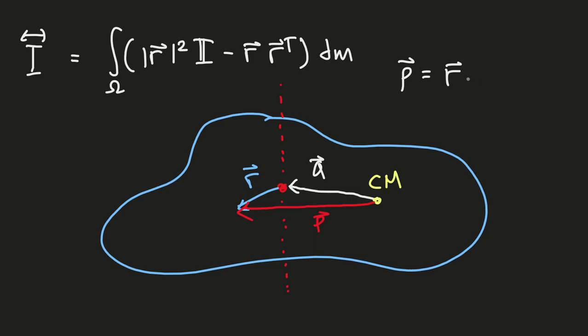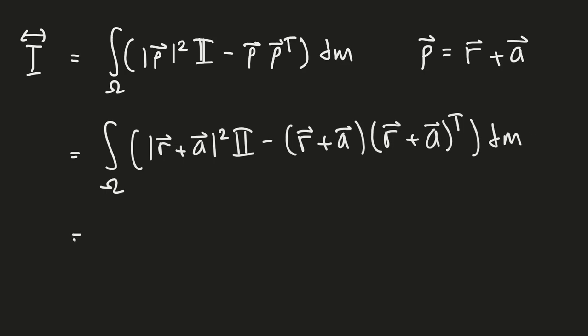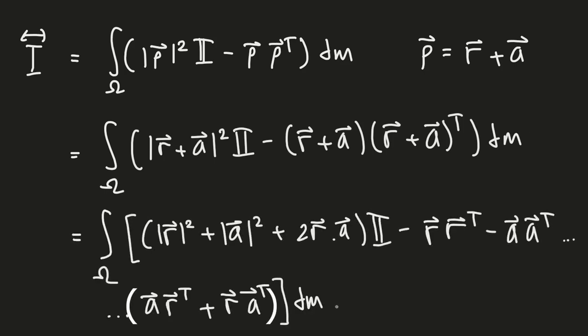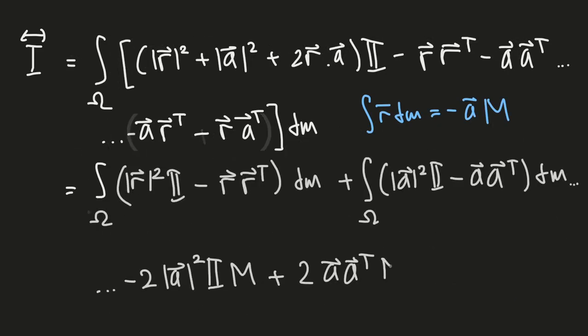Now we can denote this as the r vector plus a vector. As we replace the r vector from before with the rho vector, we get this result. And by using the mass moment for the rho vector, which is independent of the mass distribution, the final result leads us to a form just like this.